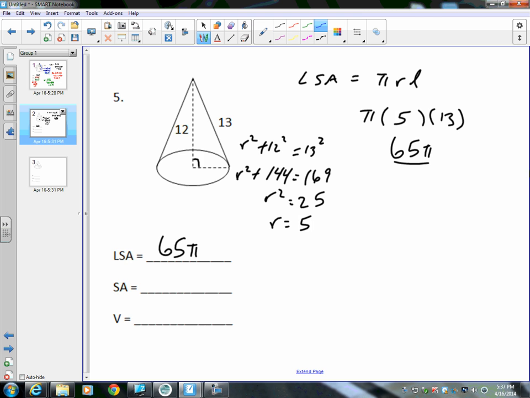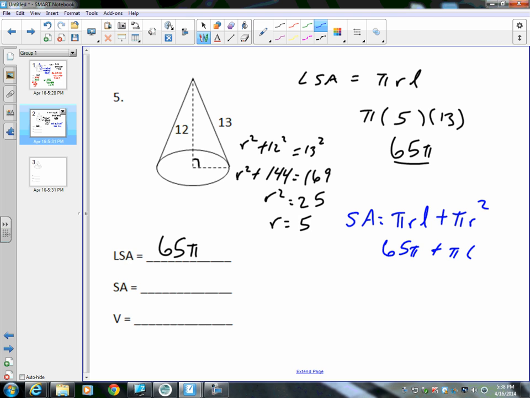Next is total surface area. Total surface area, SA, is equal to, on a cone, pi r L plus pi r squared. Well, we already know what pi r L is. Pi r L is 65 pi.